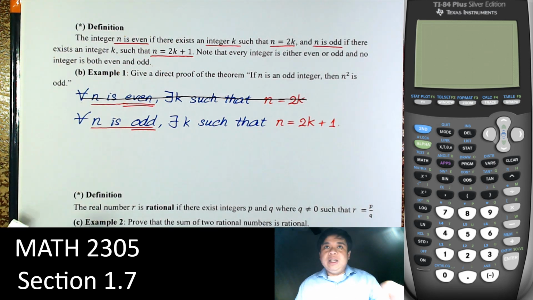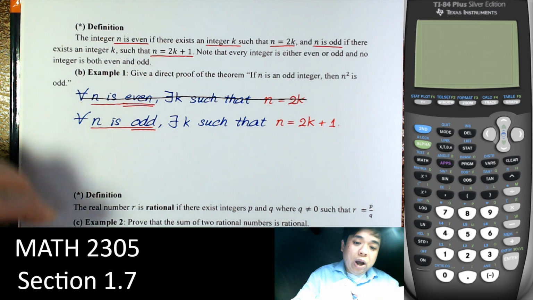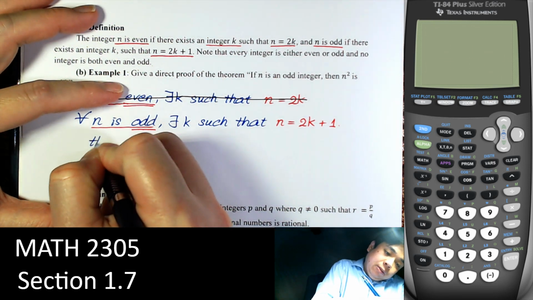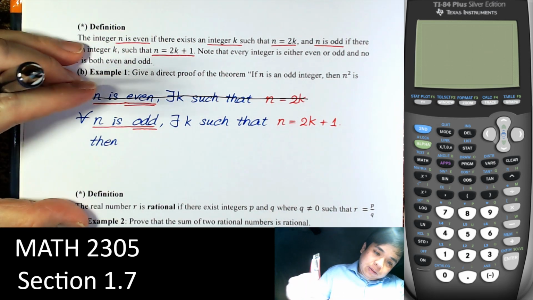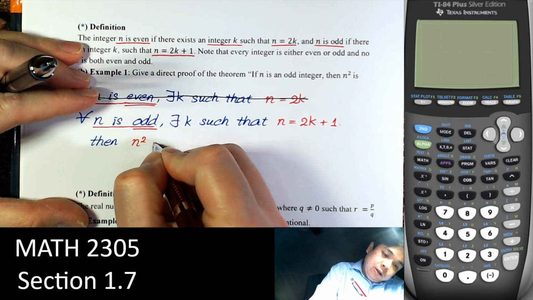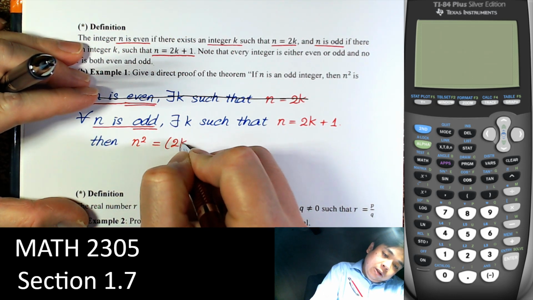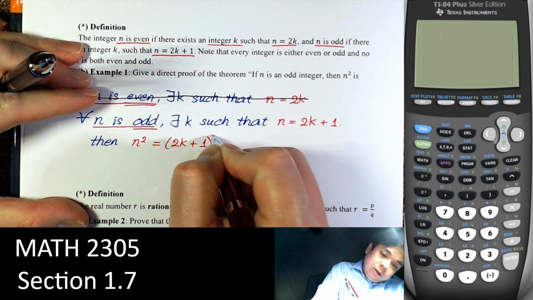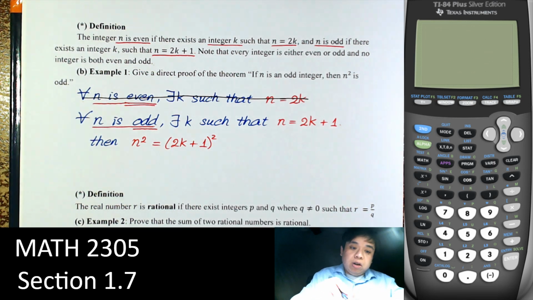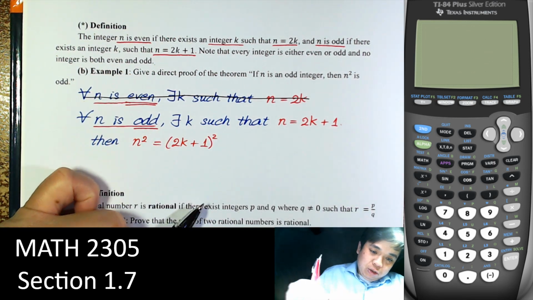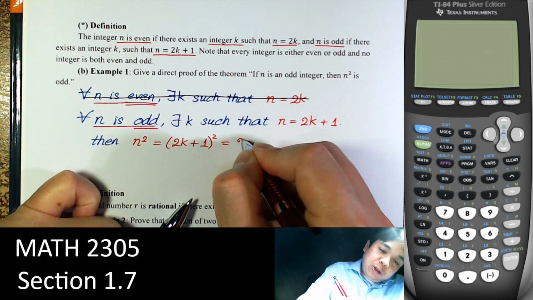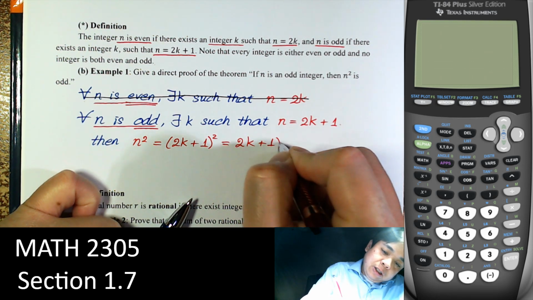So n is odd, then 2k plus 1. Now we just need to square it. This is algebra, there's no trick behind this. I'm just going to multiply it out. 2k plus 1 times 2k plus 1.